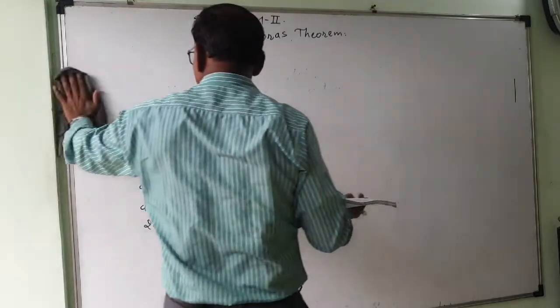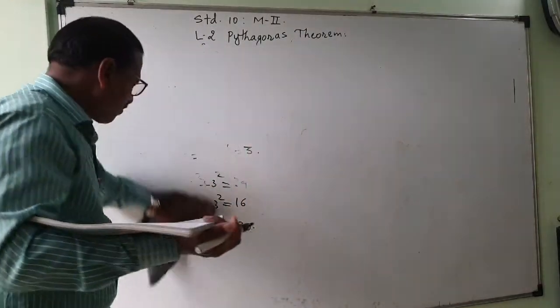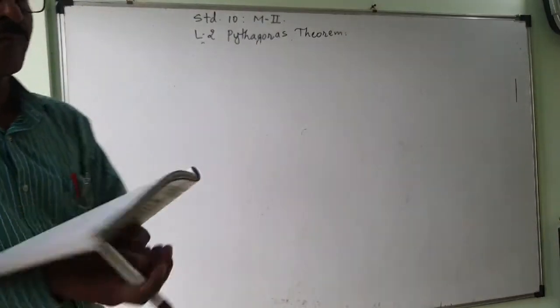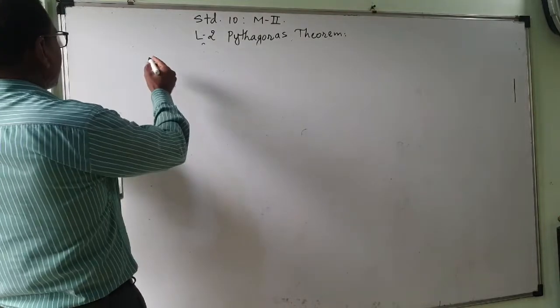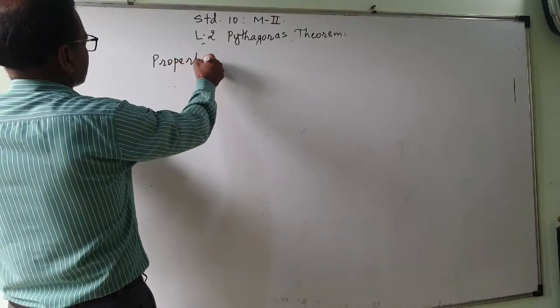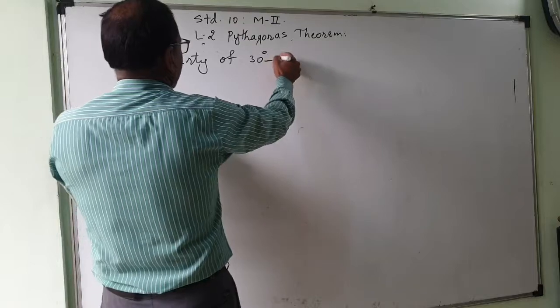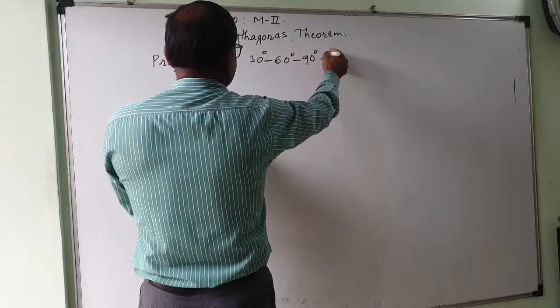Now after this, some basic idea we should have. In the 9th standard we have seen the property of a 30 degree, 60 degree, 90 degree triangle.